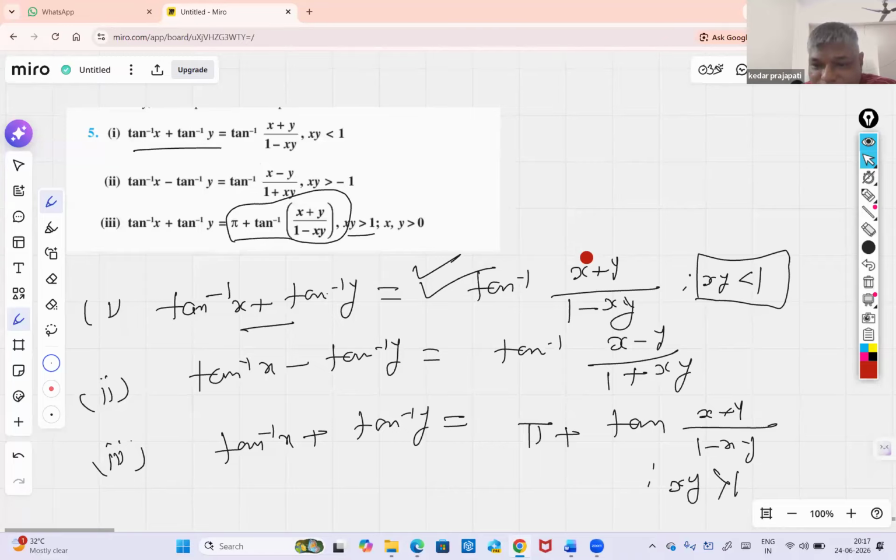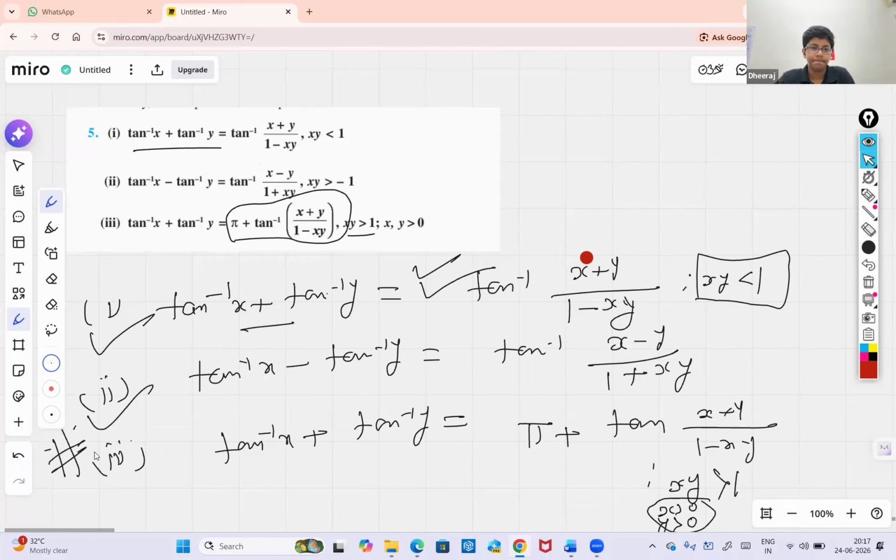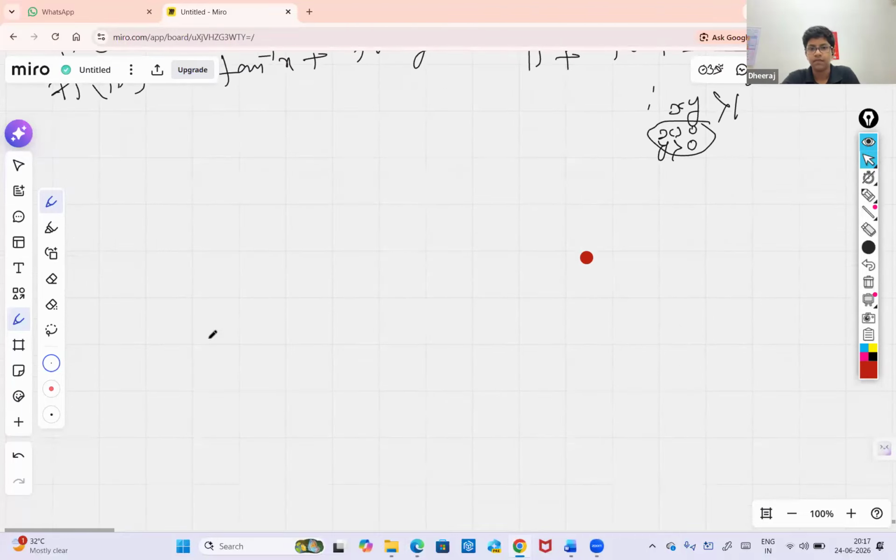It means x is greater than 0 and y is also greater than 0. Only then this will come. So we only need to know this and this. This is very rarely used. Any doubt here? Okay. So we also need some other formulas. So one is sine 2 theta.